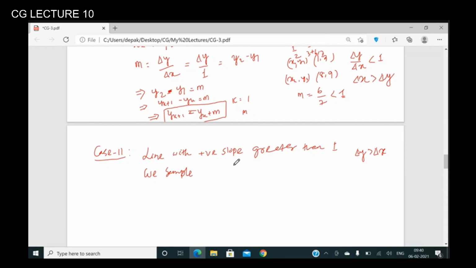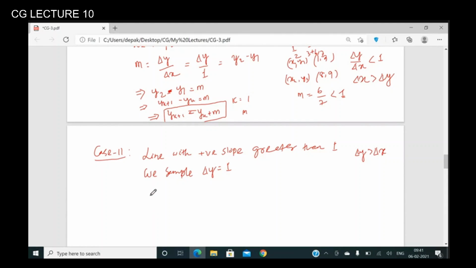The number of steps is nothing but the highest among del y and del x, right? So we sample del y equal to 1. That means every time I will increase the value of y by 1 and calculate the corresponding x value. But how will I calculate the corresponding x value? That we'll see right now.